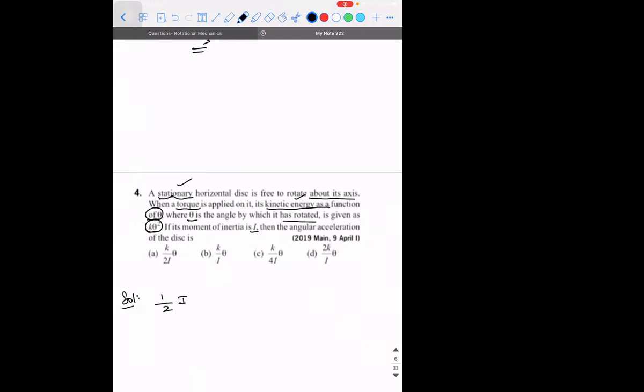So what is the kinetic energy? Half I omega square. Can I write it as k times theta square? That's what they told. So here, what are all the unknowns?